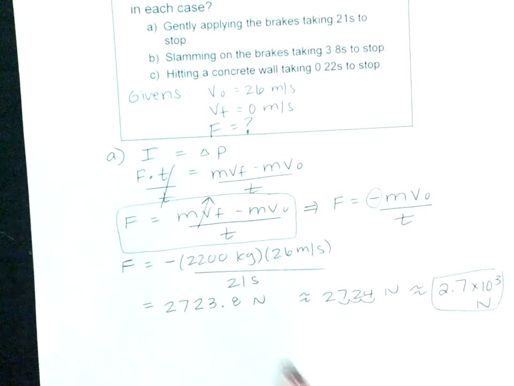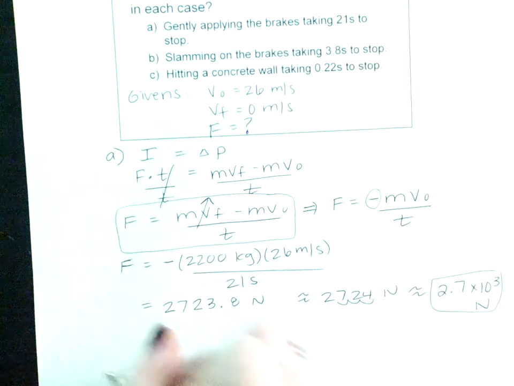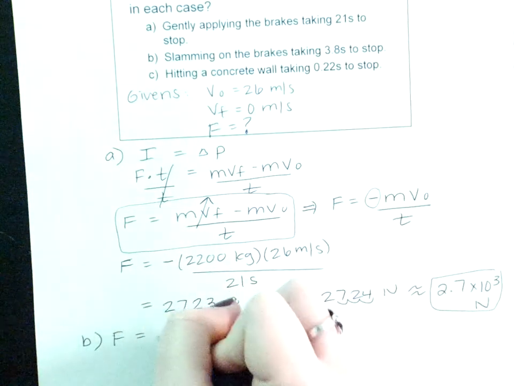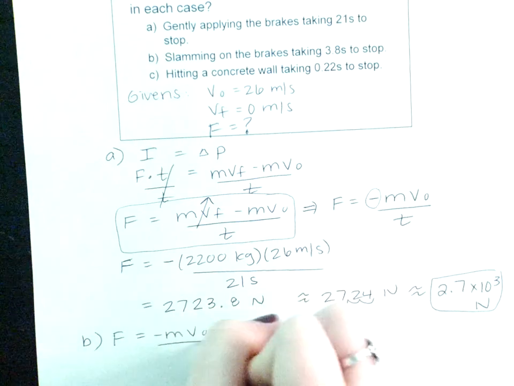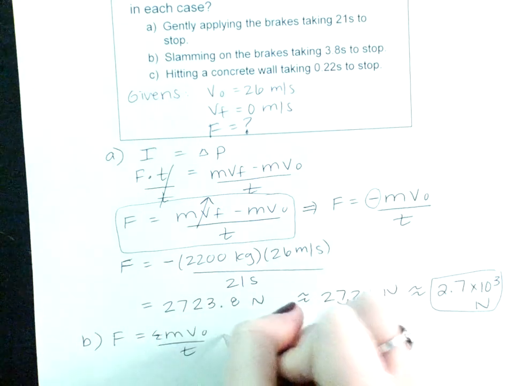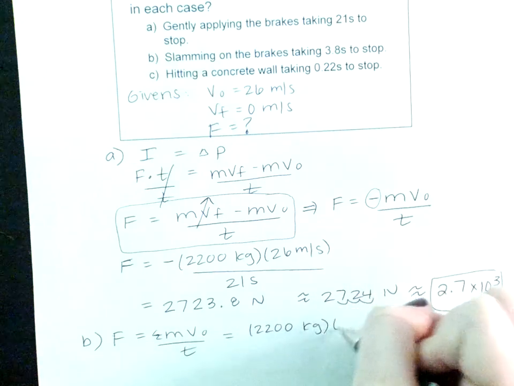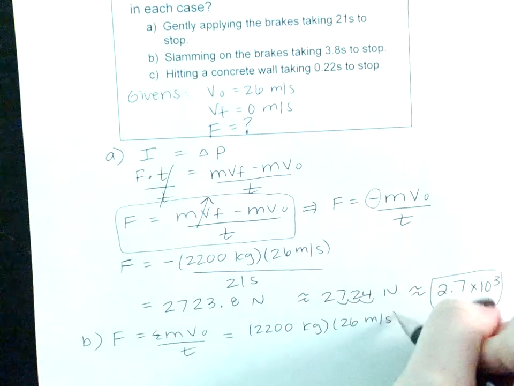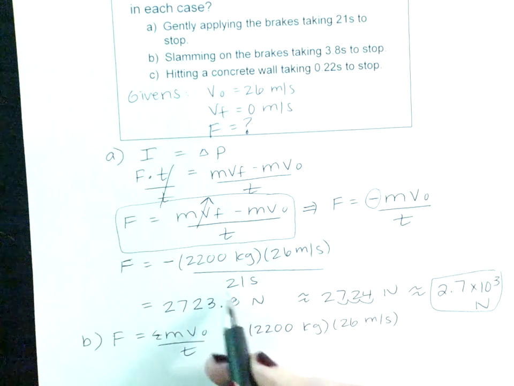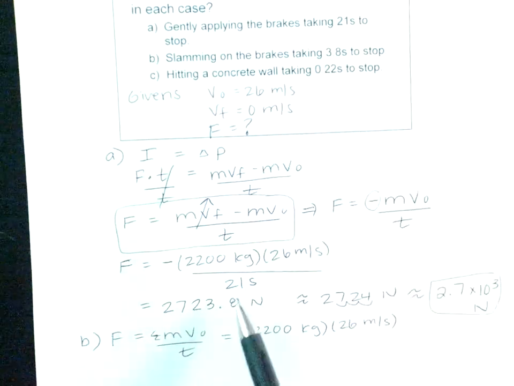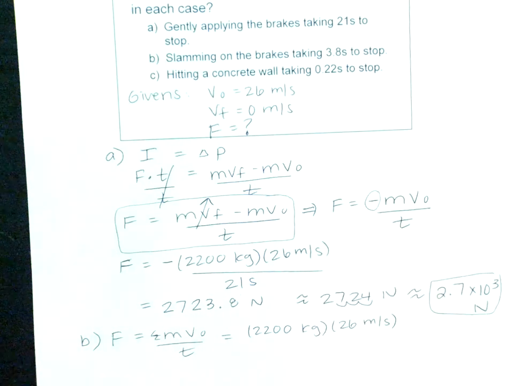So our second scenario is we're slamming on the brakes, taking 3.8 seconds to stop. So let's start with the same equation. And you can kind of predict that if our denominator is going to be a smaller number now, 3.8 seconds, then our force is going to be much greater.